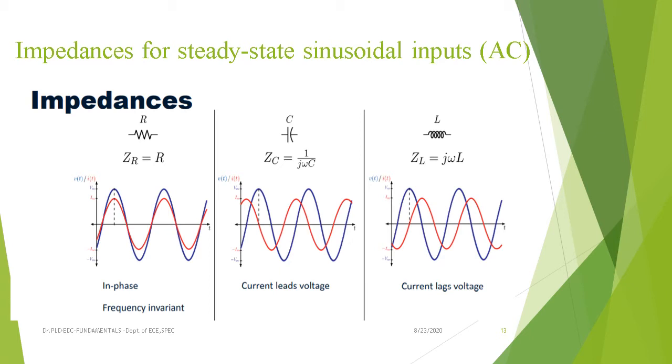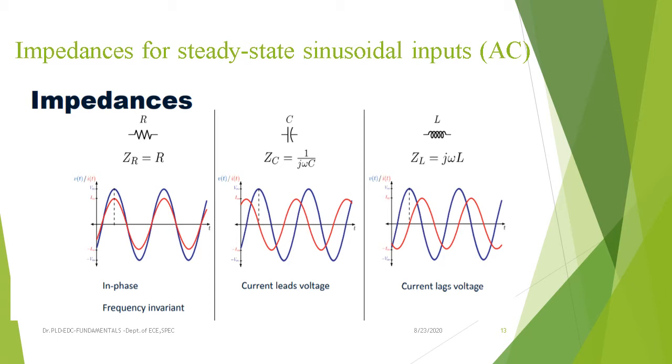Now, if you have applied steady state sinusoidal inputs, how do you calculate the impedances offered? Steady state sinusoidal inputs, like alternating current, we call in general as AC. In this, impedance means it's a combination of resistance and reactance.